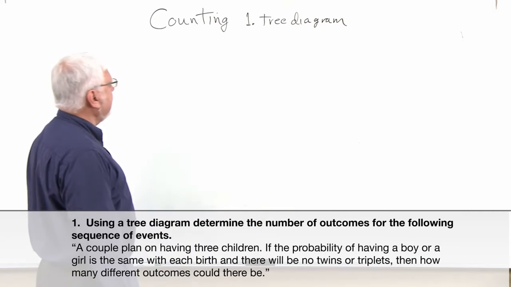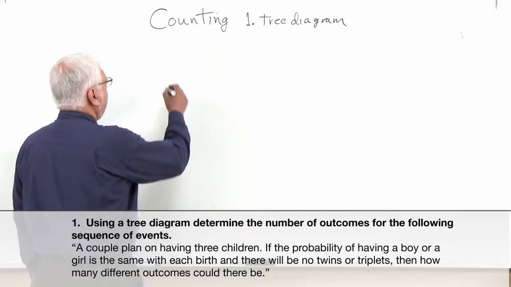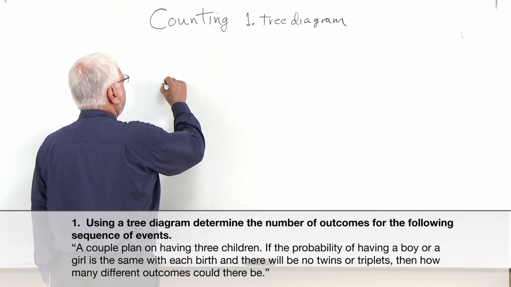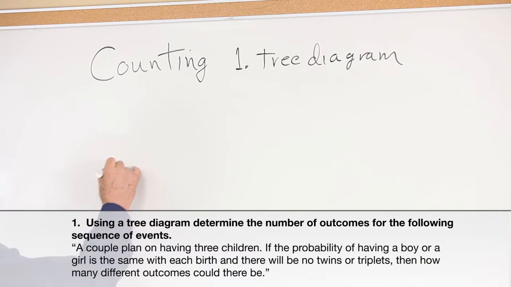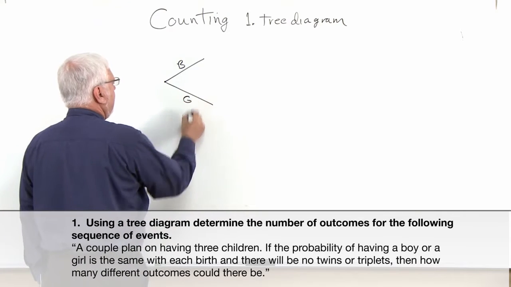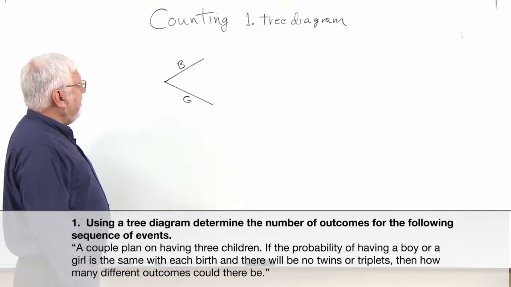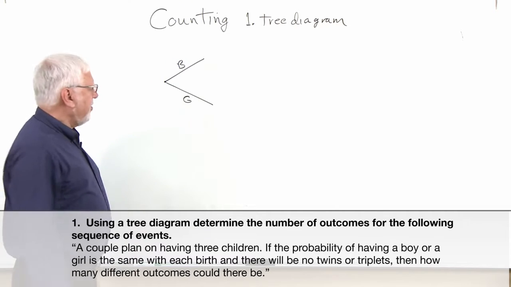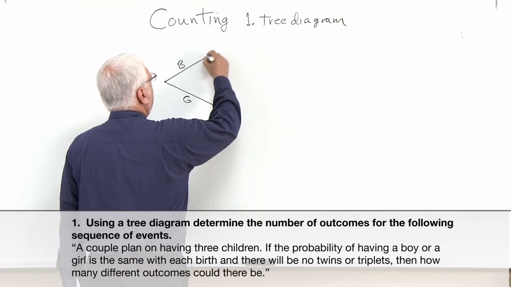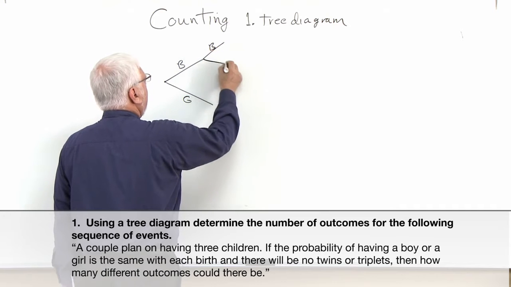Well, let's take a look and see. Now we're going to use a simple tree diagram. We're going to first say, well, we've got a couple here. So we've got a boy and a girl. In the first round, they could have a boy or a girl. Second round, they could have a boy or a girl.